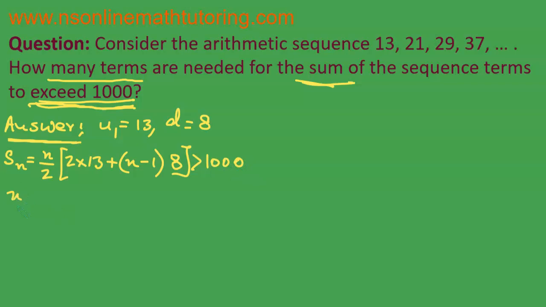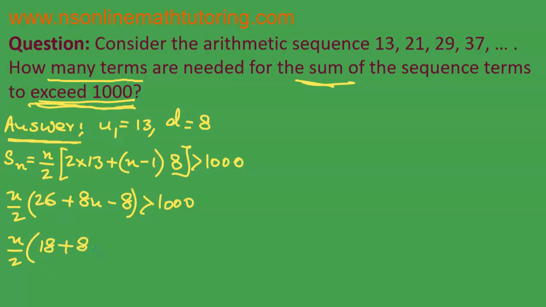So, n over 2 times 2 times 13 is 26, plus 8n minus 8, is greater than 1000. So n over 2, 26 minus 8 is 18, plus 8n, is greater than 1000.